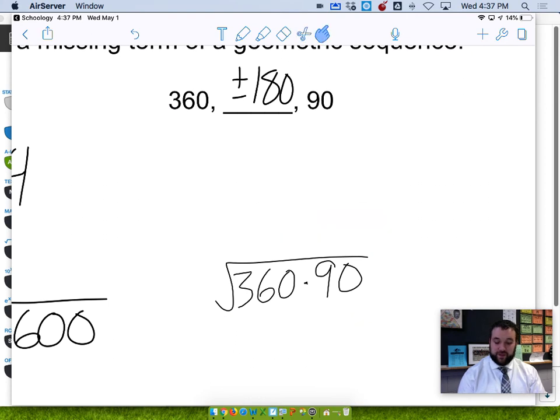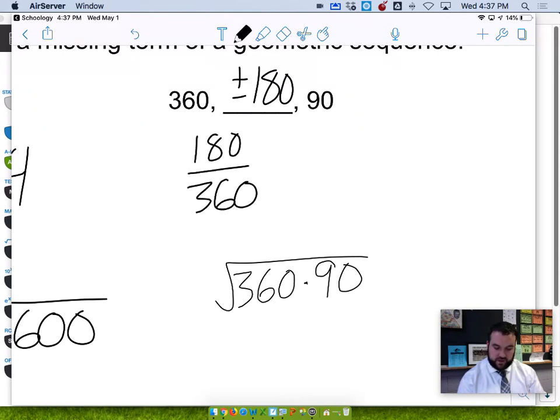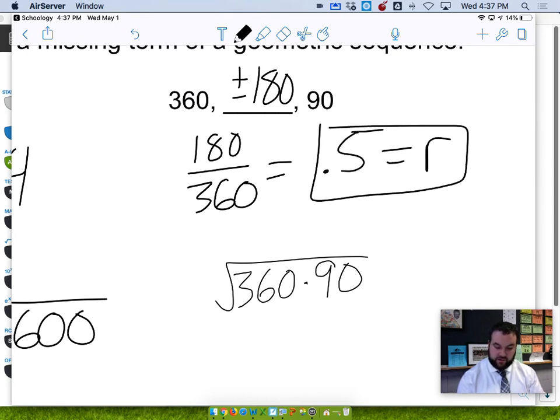Again, that doesn't tell me the common ratio. If I wanted to write a formula for this, I would need to find the common ratio and take the second term, whether it's positive or negative 180, divide by 360, and that would give me a common ratio of 0.5.